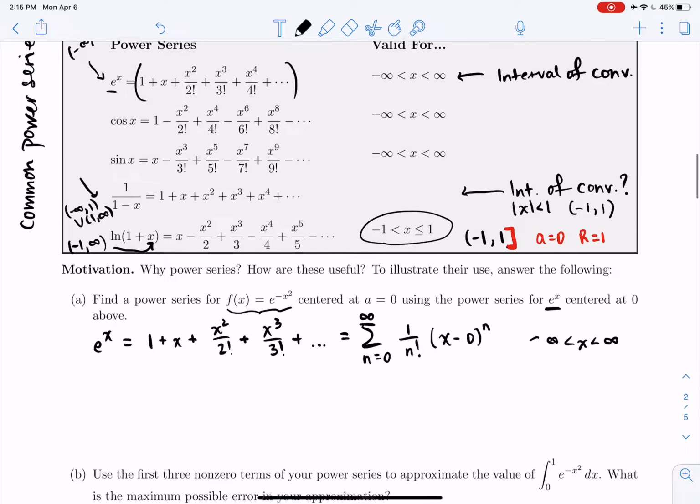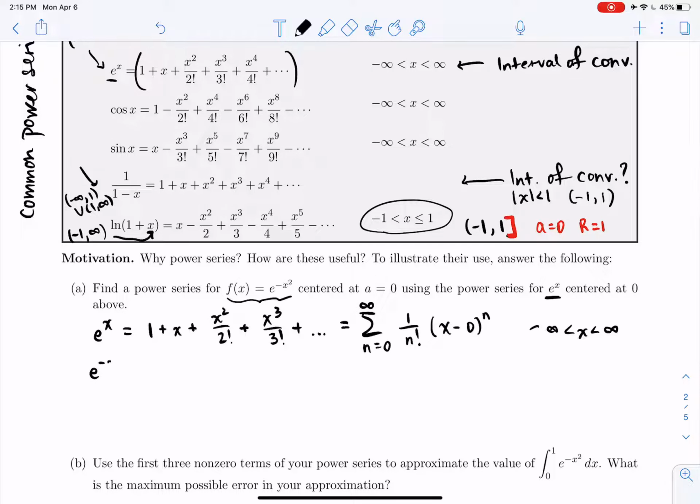Now, e to the -x squared, well, that's just e to the x, where we've plugged in -x squared where we see an x. So that would be 1, because if you plug in -x squared for x into 1, you still get 1, plus -x squared instead of x, plus (-x squared) squared over 2 factorial, plus (-x squared) cubed over 3 factorial.